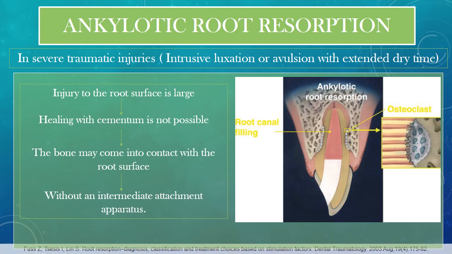Clinically, ankylotic teeth lack the physiologic mobility of normal teeth, and this is one diagnostic sign for ankylotic resorption. Radiographically, resorption lacunae are filled with bone, and the periodontal ligament space is missing. There are no radiolucent areas observed, and at some stage the whole root may be replaced by bone.